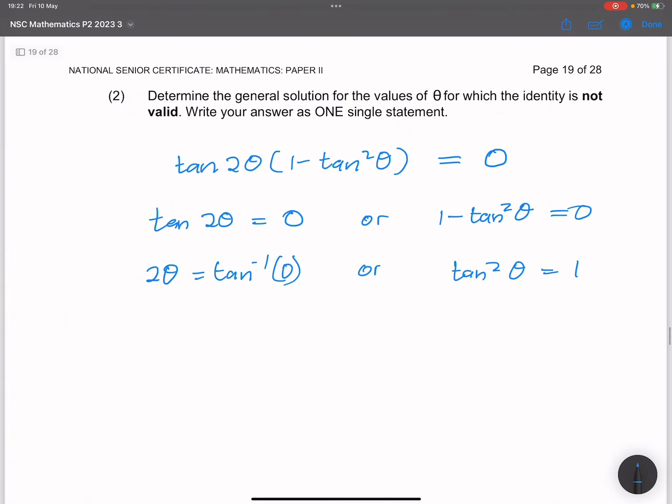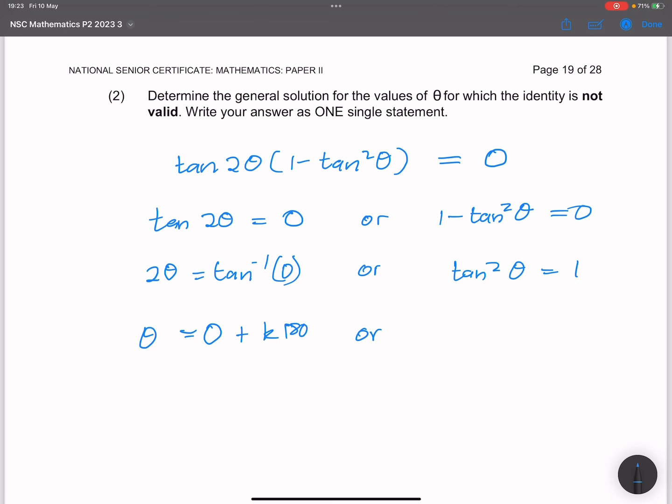Now if we look at it, if we divide by 2 on either side, that would be 2 theta. The arctan of 0 would be 0, so theta would be 0 plus k 180, where k is an element of integers.